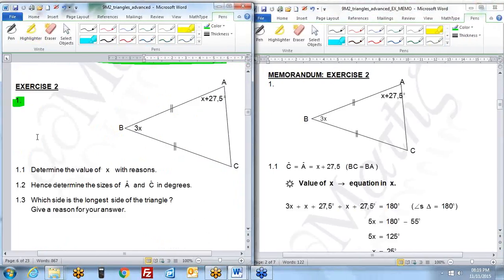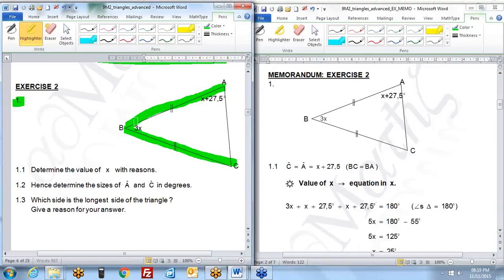Right, exercise 2. Determine the value of x with reasons. So you're working with a triangle. They're telling you that AB equals BC in length.